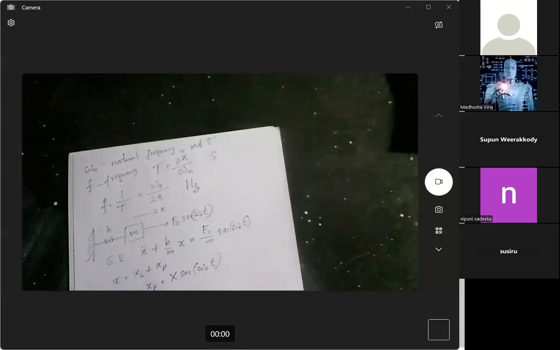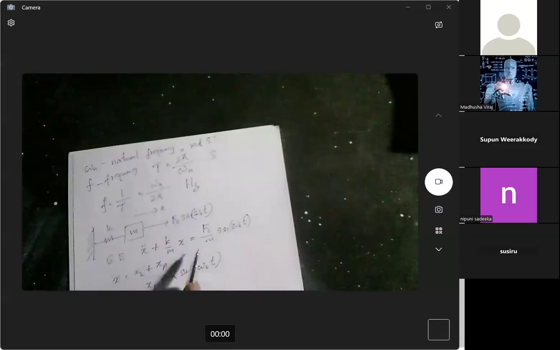So if this is a solution, it must fulfill the governing equation, right? So use this one and put it in the governing equation and find this particular integral in this format. So I'm not going to do the whole simplification. You have to do it on your own.